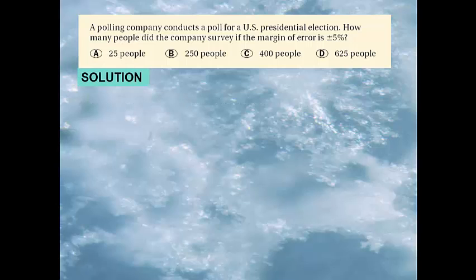Let's move to another example. A polling company conducts a poll for a US presidential election. How many people did the company survey if the margin of error is plus or minus 5%? The margin of error is given, and we are looking to find n. So use the margin of error formula.